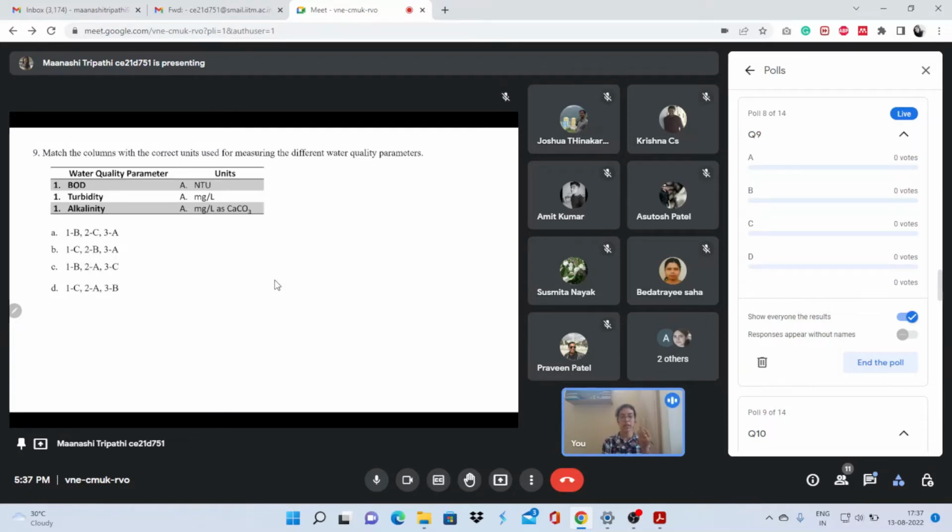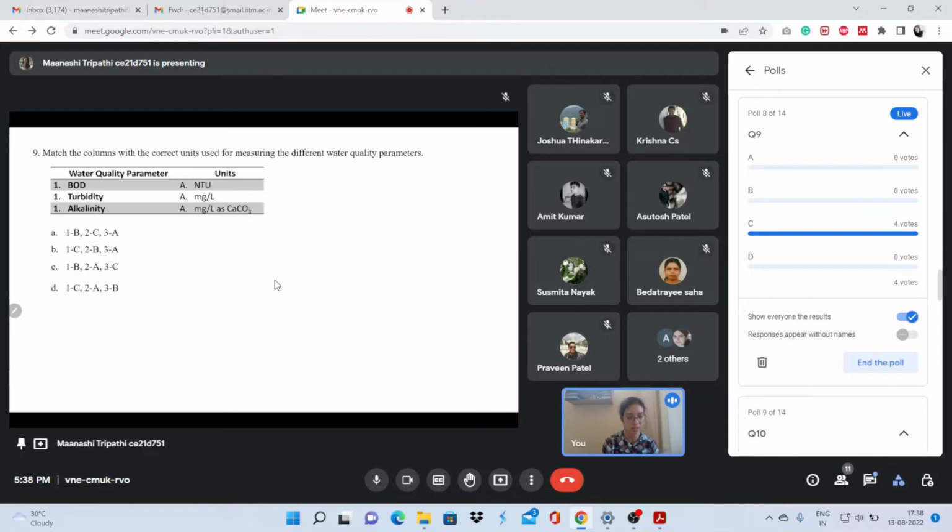There are some situations where you will just get the unit, so you may have to decide what water quality parameter it is representing. So BOD, turbidity and alkalinity. One is measured in NTU, meaning nephelometric turbidity unit, milligram per liter, and milligram per liter as calcium carbonate.